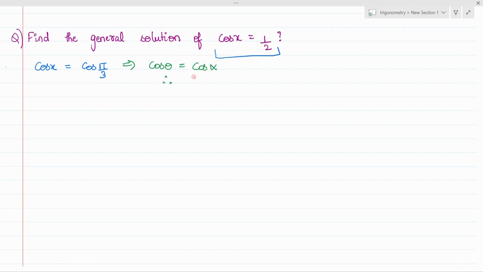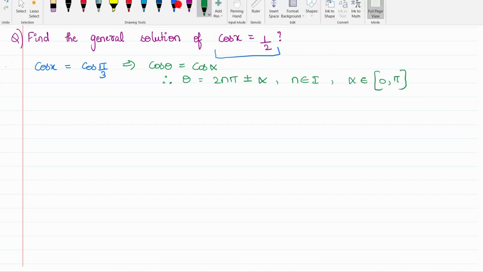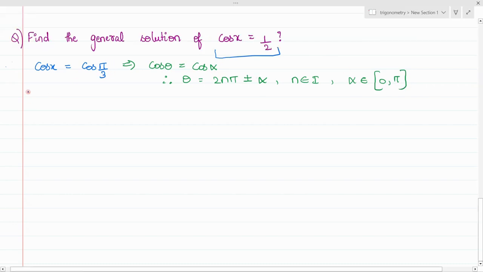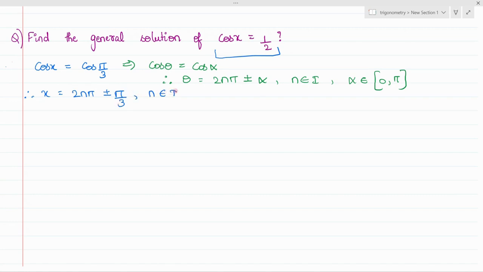We have just derived that theta is equal to 2n pi plus or minus alpha, and n belongs to all the integers, and alpha also lies in the range 0 comma pi, because pi by 3 lies in that range, right? So x will be 2n pi plus or minus pi by 3, where n belongs to all the integers. So this is the general solution of cos x is equal to half.